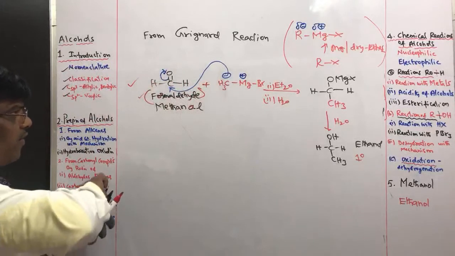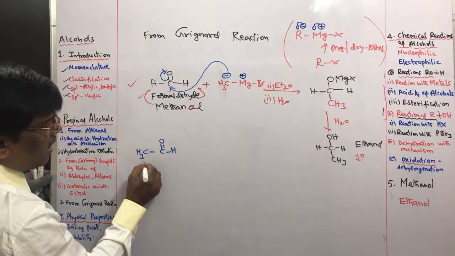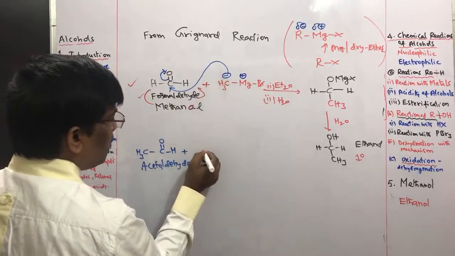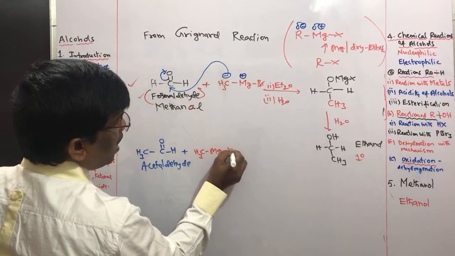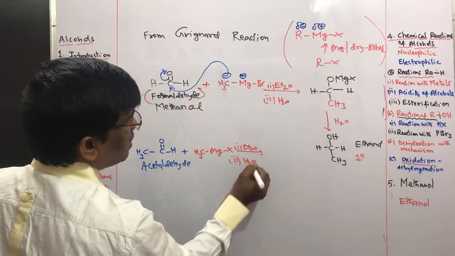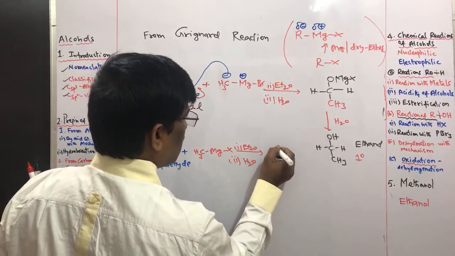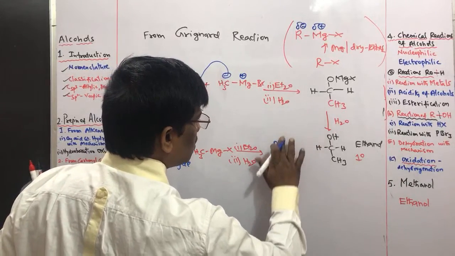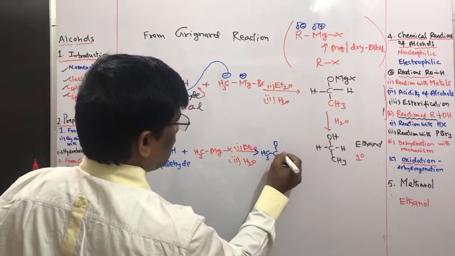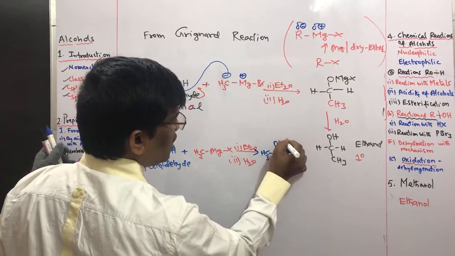In place of formaldehyde, if I use acetaldehyde, CH3CHO, and do the reaction with the same methyl magnesium halide in ether followed by hydrolysis, I am going to get CH3, the hydrogen here, and this methyl group added here along with magnesium halide.